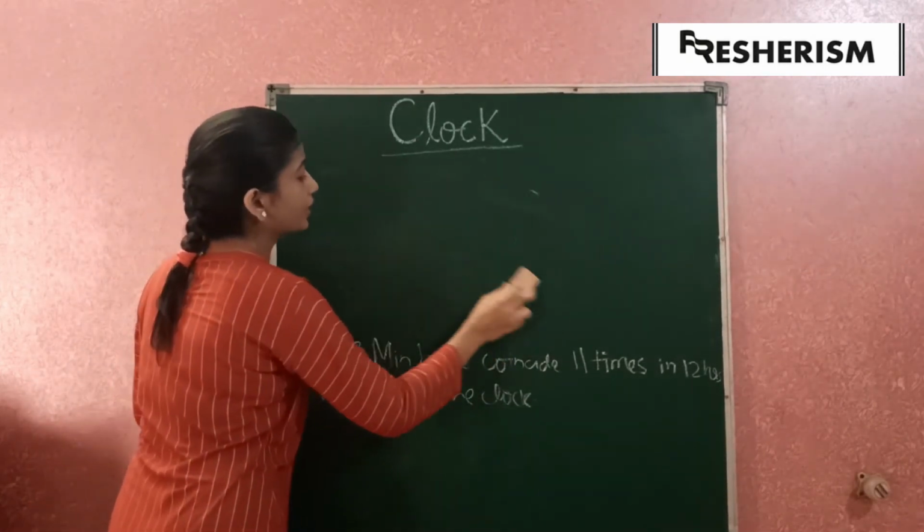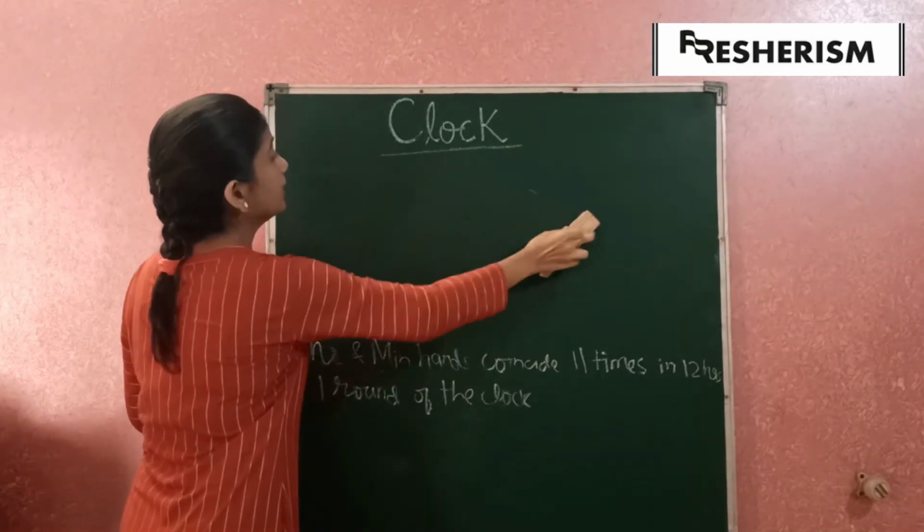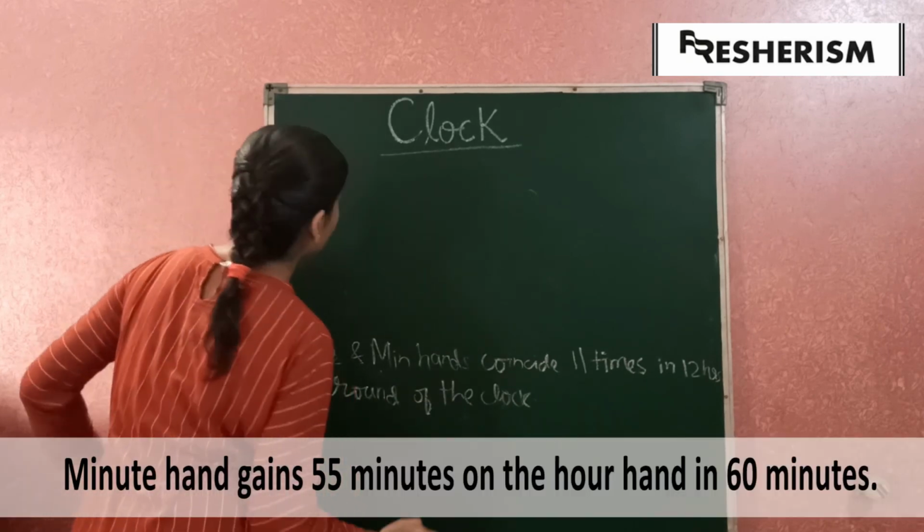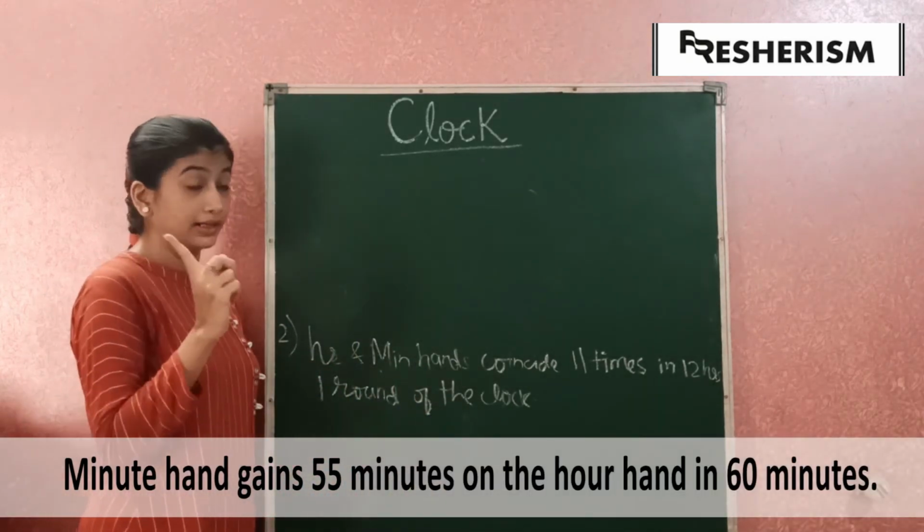The third important key point is that the minute hand gains 55 minutes on the hour hand. Remember this.